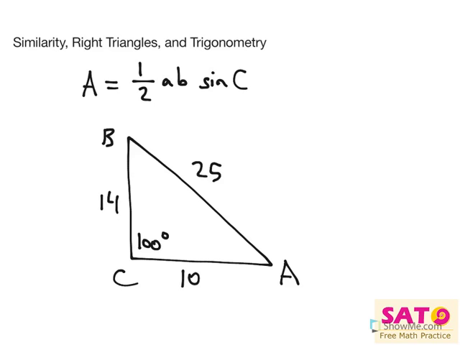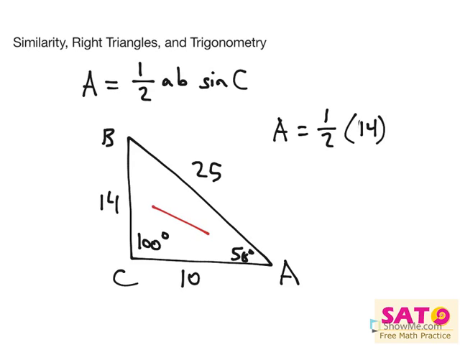We need to find the area, and it's not a right triangle, so we have to make use of this formula here. Area equals 1/2 a times b times sine of C. The small a would be side A, which would be 14.